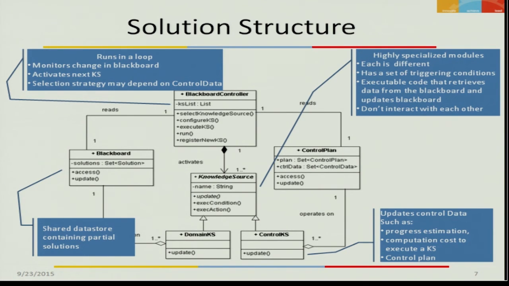Will it really expedite the progress, or might it create some other problem? So it takes that decision, and based on that it fires that particular knowledge source. It has a control plan. So this control KS would be updating these control plans, and the Blackboard controller will, in that run loop, control and orchestrate these knowledge sources.